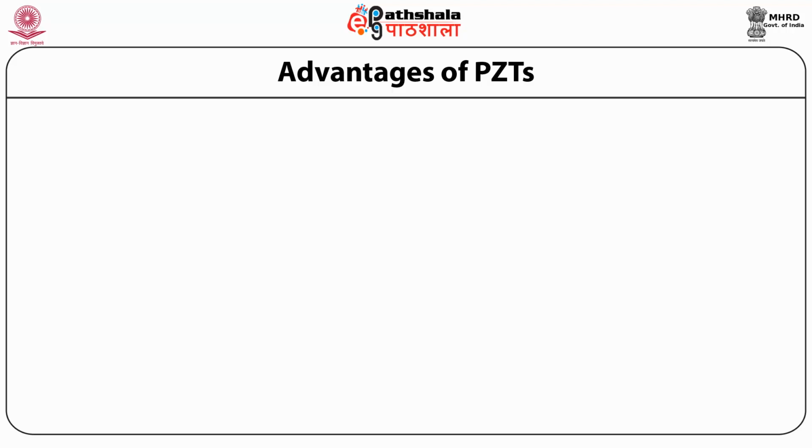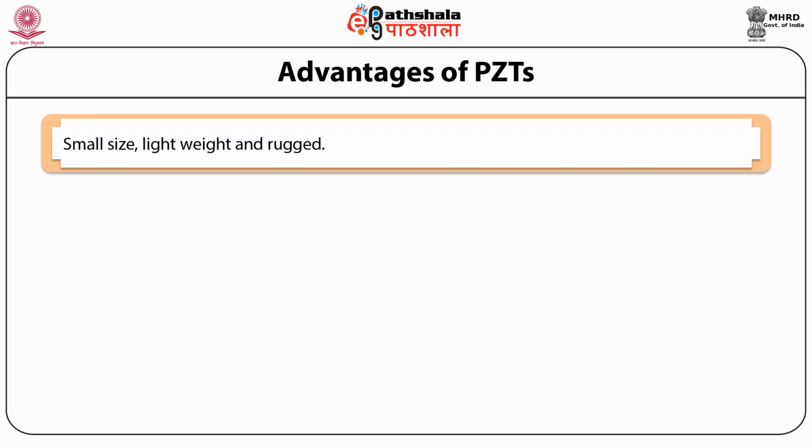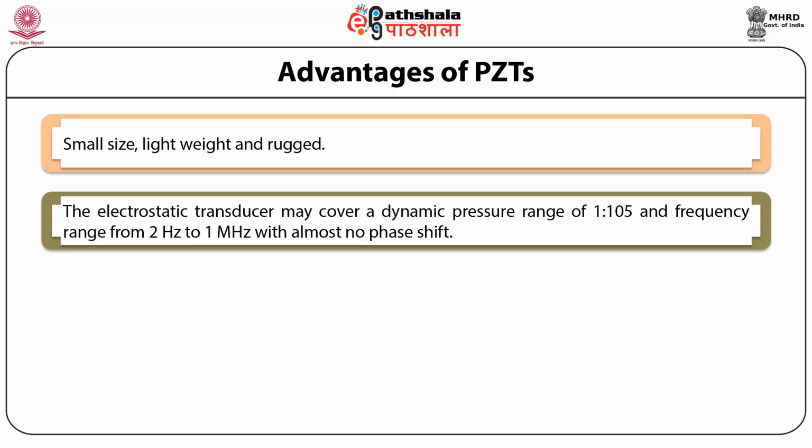Let us now discuss the advantages and disadvantages of PZTs. First, the advantages. They have a small size, are lightweight and rugged. The electrostatic transducer may cover a pressure range of 1 to 10^5 and a frequency range from 2 Hz to 1 MHz with almost no phase shift.